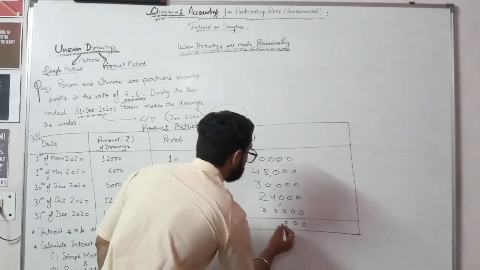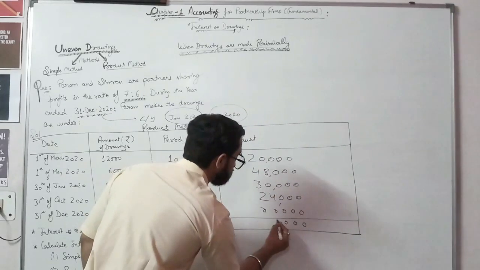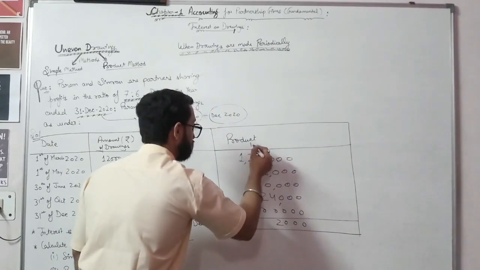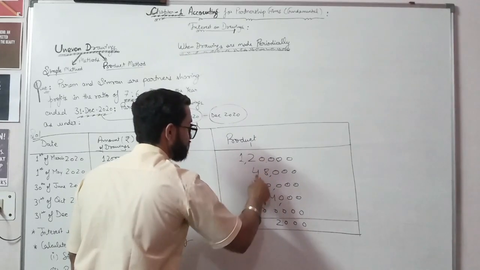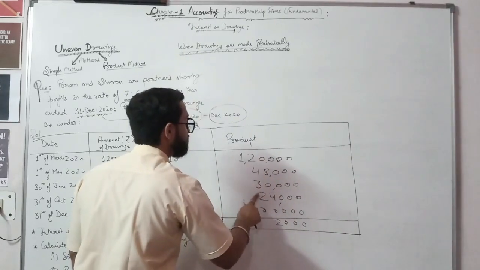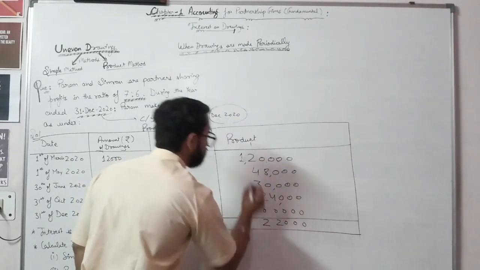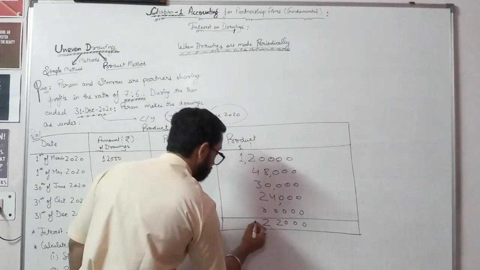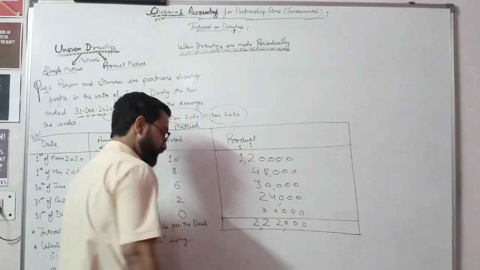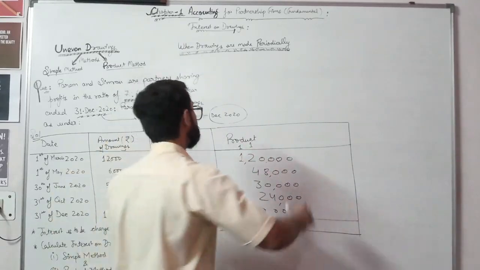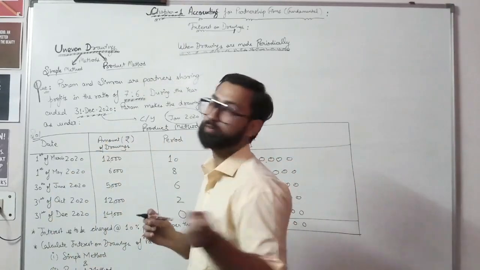Let us do the totaling. 8 and 4, 12. Now 3 and 4, 7, 7 and 3, 10, 10 plus 2, 12. So your product is 2,22,000.